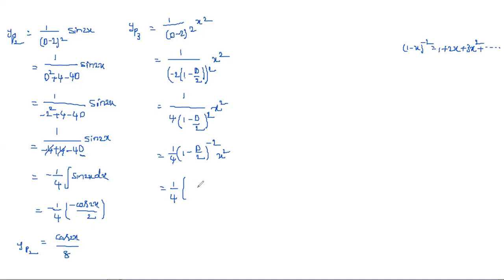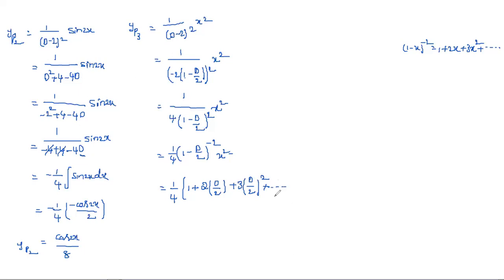So for that, simply 1 plus 2x and so on. This is 2 into D by 2 plus 3 into (D by 2) whole square and so on. No need to write the next terms. Why? Because here the polynomial degree is 2.